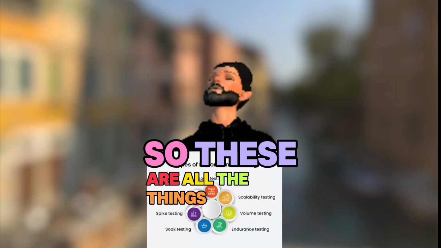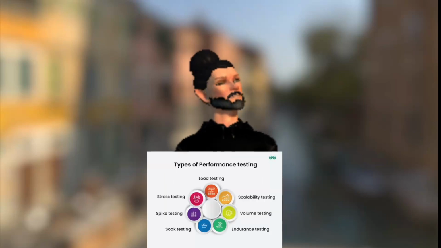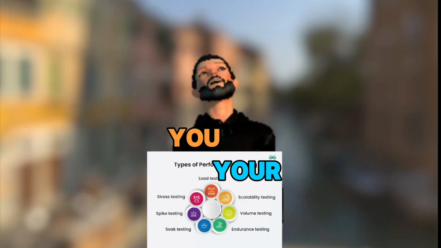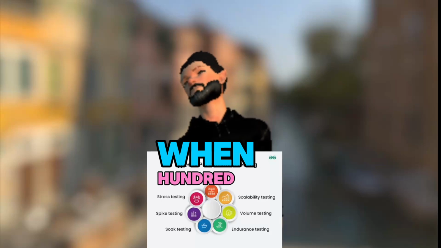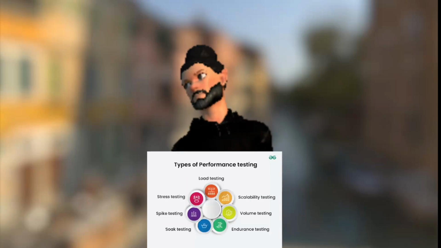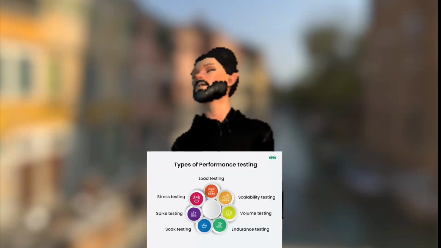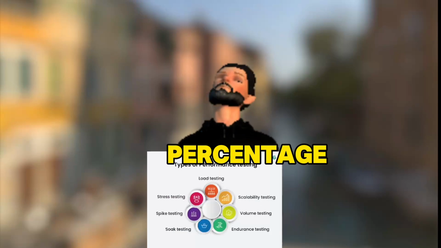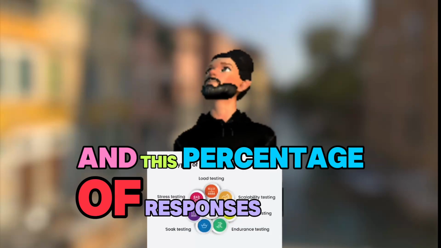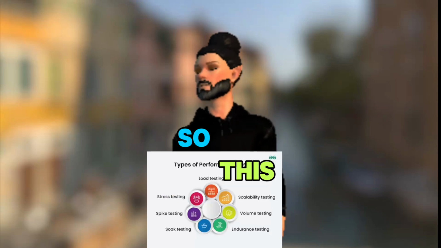So these are all the things you collect. How do you collect? Most of the tools will give you the 99th percentile, 50th percentile, which means when 100 users access this system, out of 100 requests, how many get this percentage of errors, this percentage of responses, and how much time it took. So these are all the pieces of information.